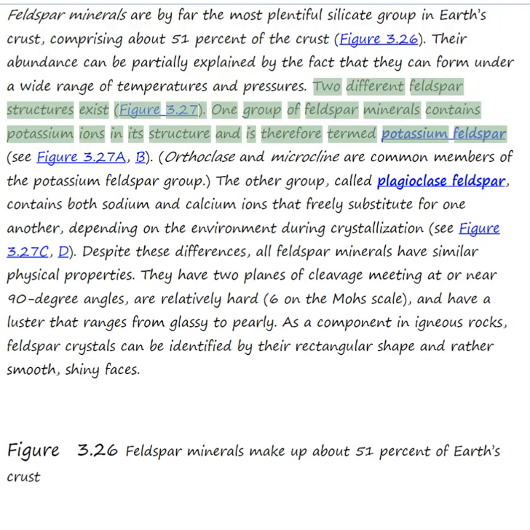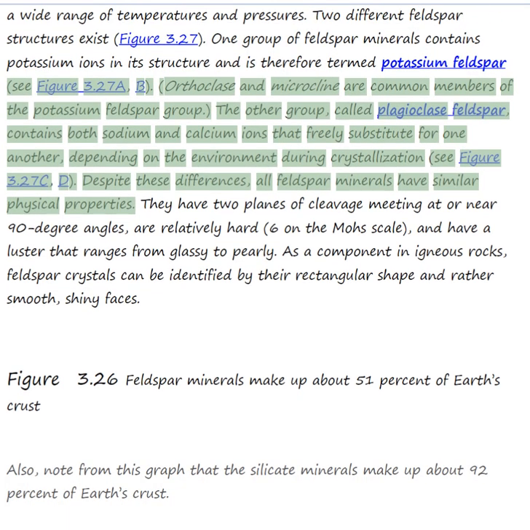One group of feldspar minerals contains potassium ions in its structure and is therefore termed potassium feldspar. The other group, called plagioclase feldspar, contains both sodium and calcium ions that freely substitute for one another, depending on the environment during crystallization. Despite these differences, all feldspar minerals have similar physical properties.